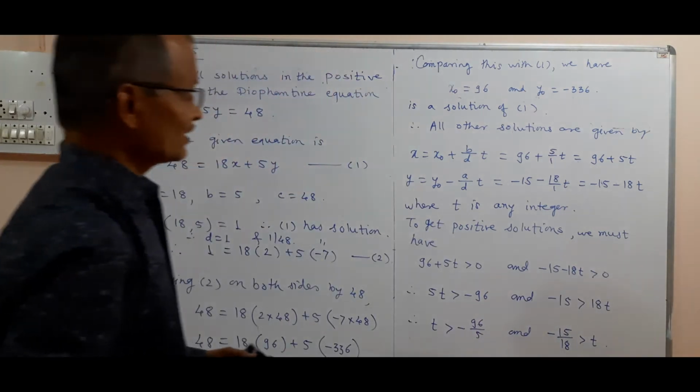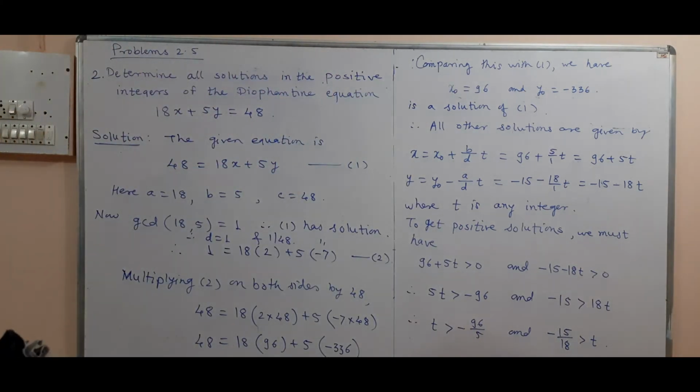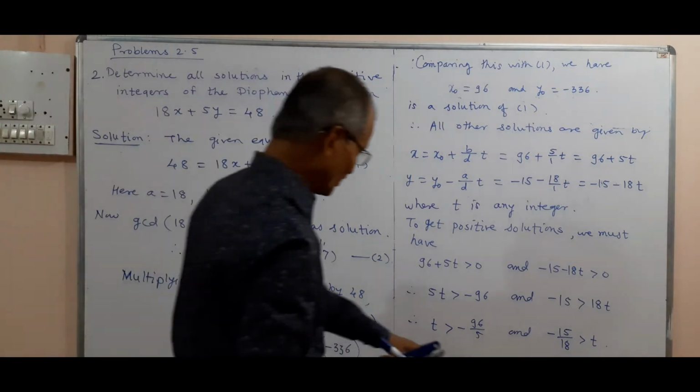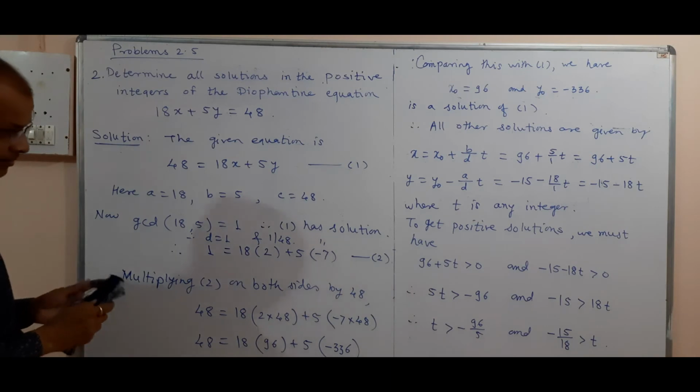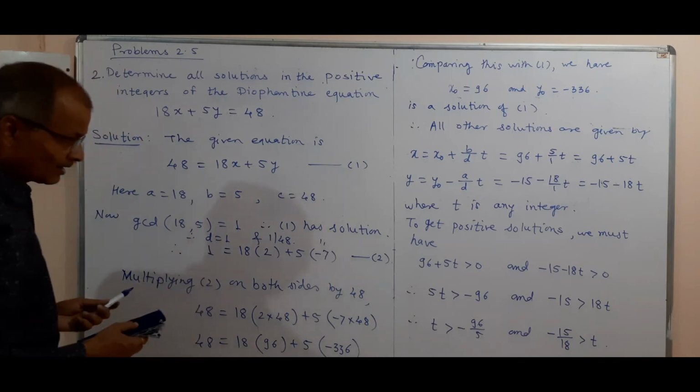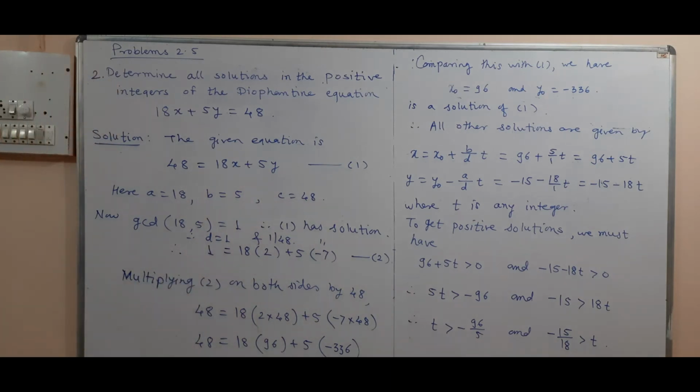So we should check whether our equations are correct. So we have a is 18, yes, that is right, and thus t is greater than minus 96 by 5, and we should consider the integral part of this. So t is greater than, divide 96 by 5 and then see the integral part of that.